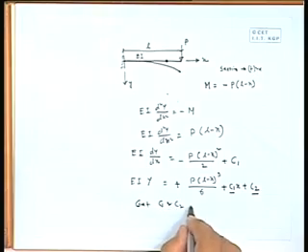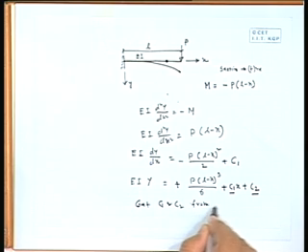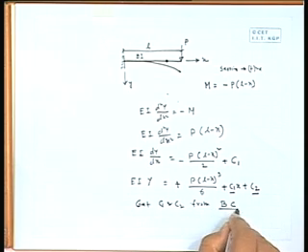Now, we have to get C1 and C2 from your boundary conditions. Okay. So, BC is boundary conditions, right. Now, we have the equation, let us put the condition.